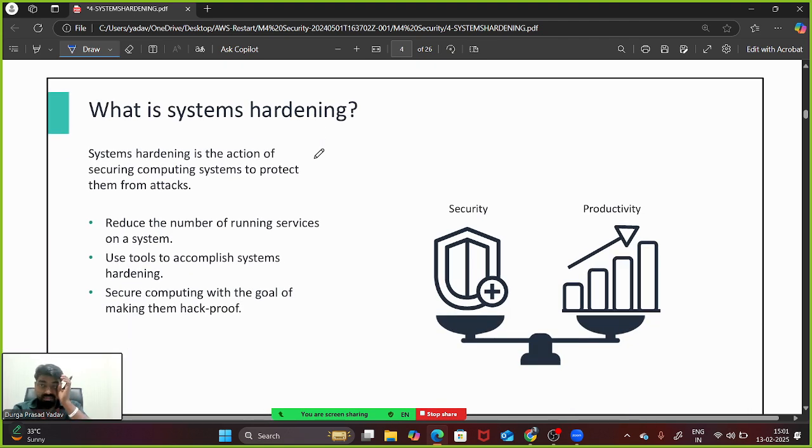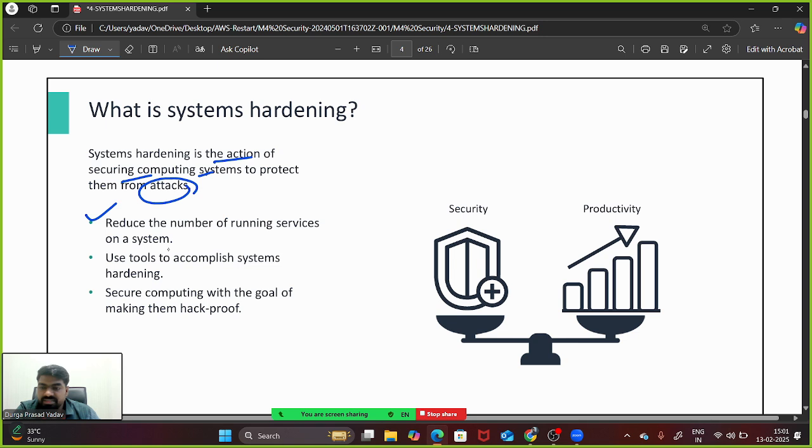When we say system hardening, guys, again it is the action of securing a computing system to protect it from attacks. So how can you do that basically? What are the methods that have been given? There are a few basic examples that have been given to you.